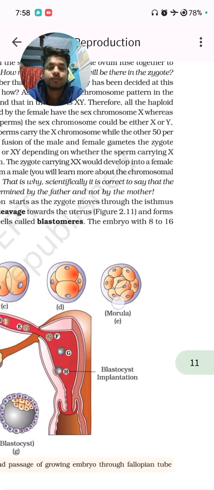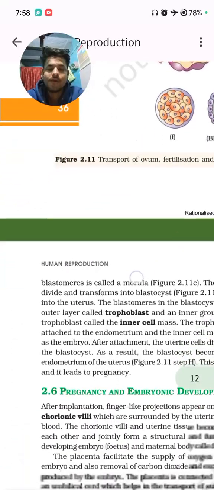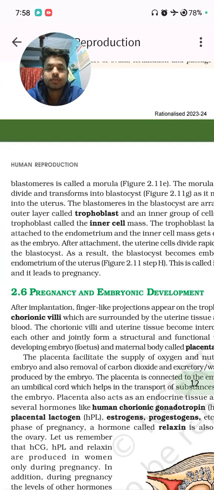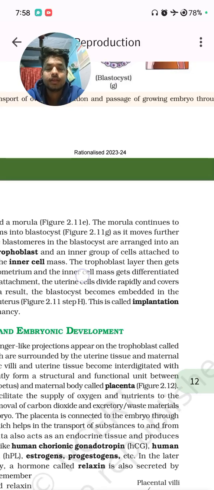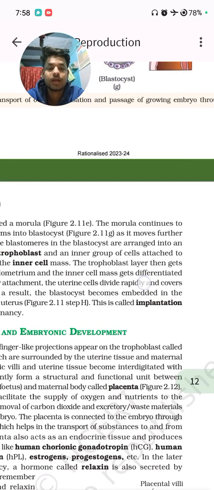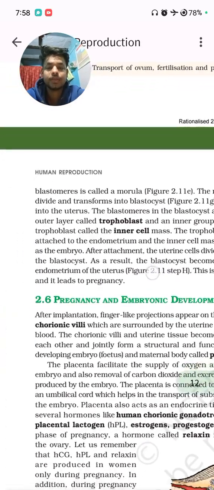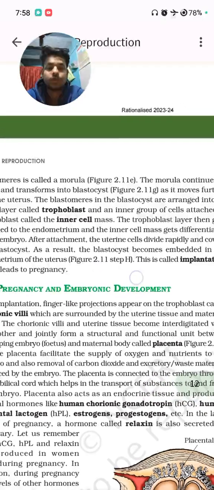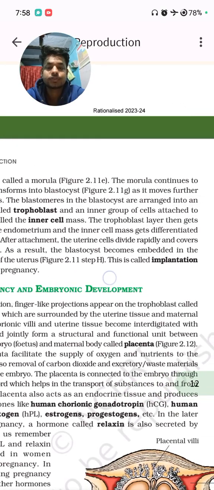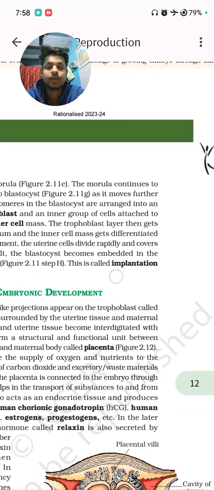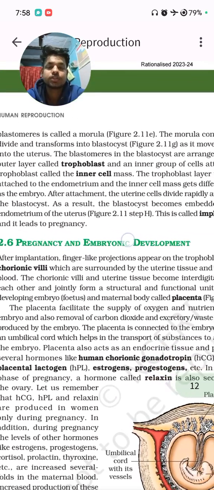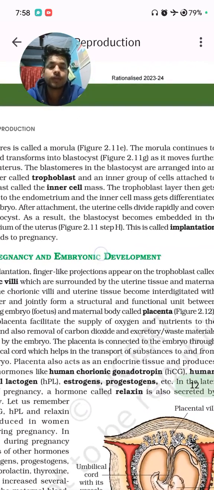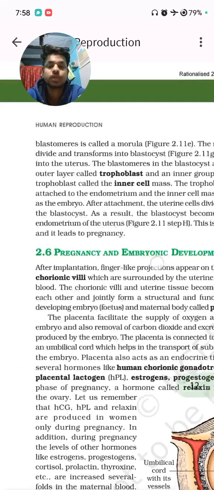The embryo with 8 to 16 blastomeres is called the morula, figure 2.11e. The morula continues to divide and transforms into blastocyst, figure 2.11g.